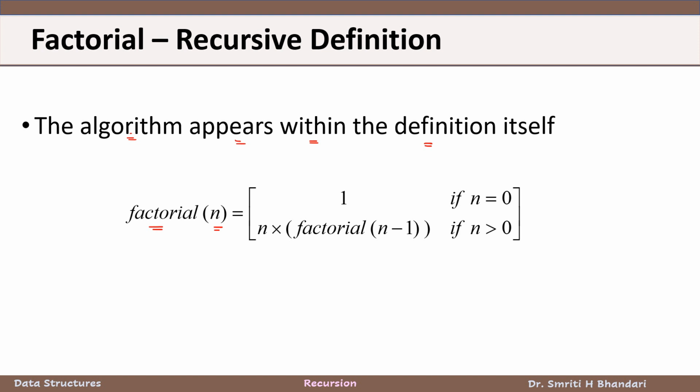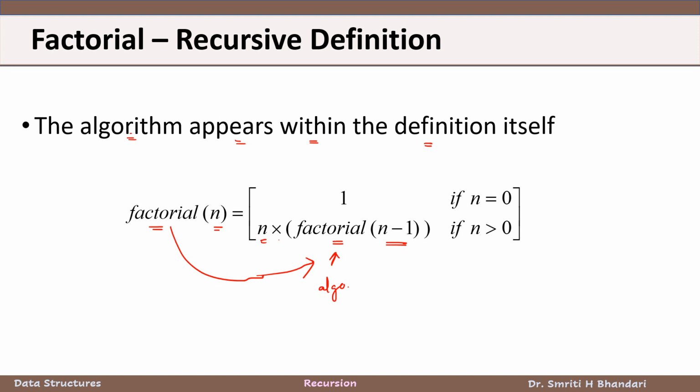If n is greater than 0, it is n into factorial of n minus 1, right? So this is the algorithm that we are once again calling as a part of the definition, and that is why this is a recursive definition.